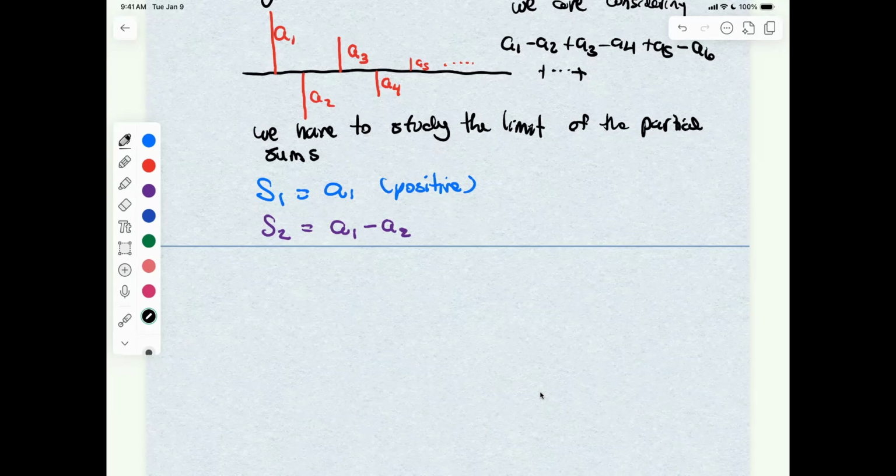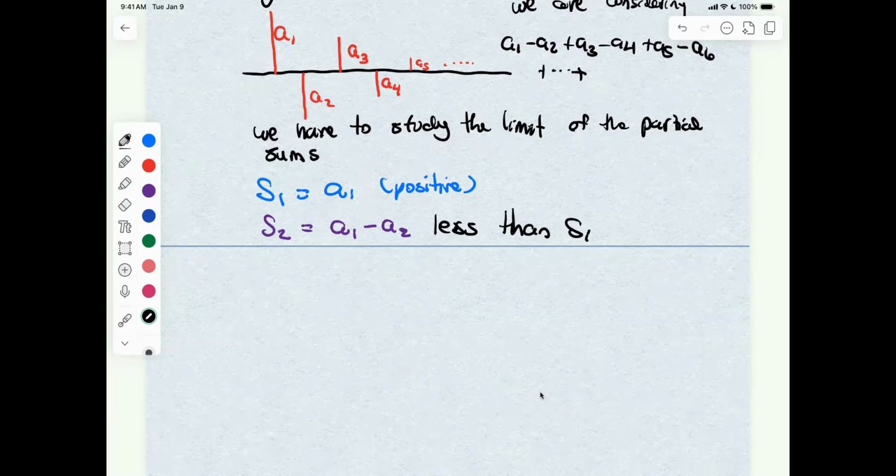Okay, so this one is less than the first one. That okay? So far, so good.